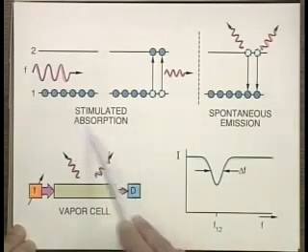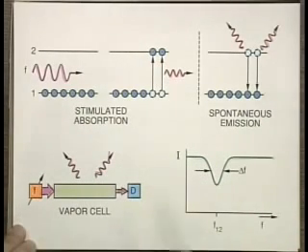That's what we call stimulated absorption. Then we generate the same curve as before. If you look at the output of the detector as a function of frequency or wavelength, you see this dip occurring at the resonant frequency. This way you check where the absorption occurs and its width.